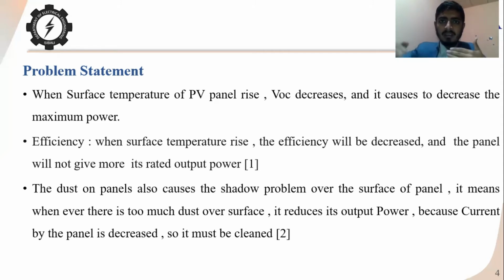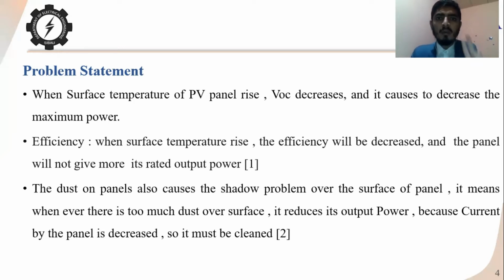When the dust is accumulated, the radiations cannot hit the surface of the panel properly. So whenever there is a dust problem, there is a shadow problem, and whenever there is a shadow problem, the current is reduced and we cannot achieve maximum power.